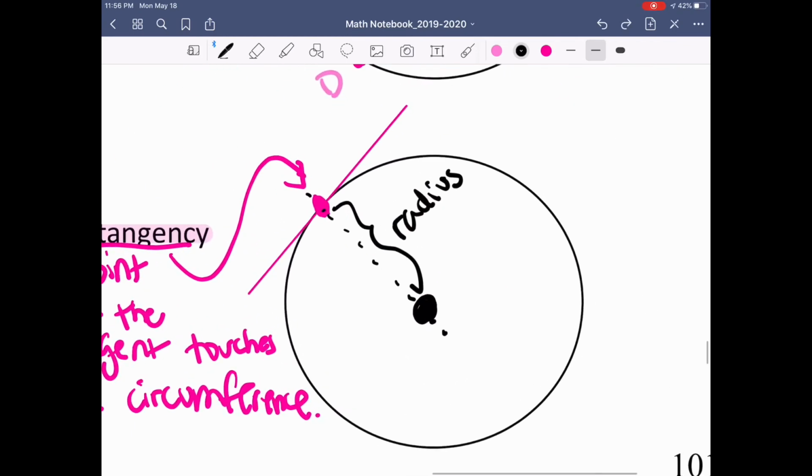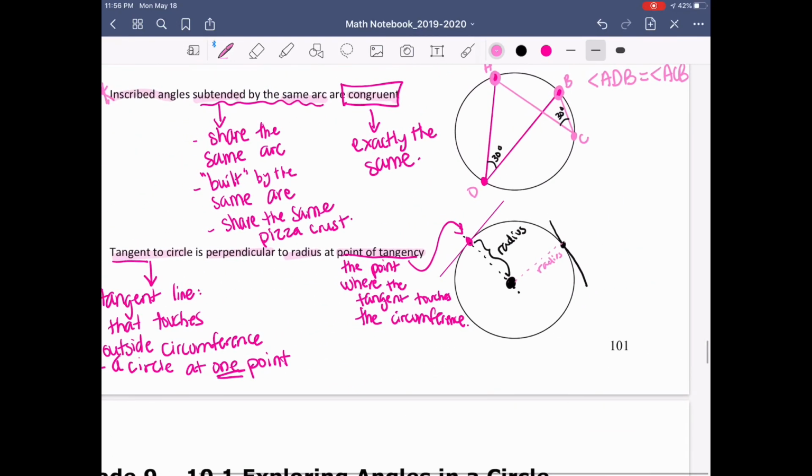Sorry guys, my drawing is really off because my hands are not steady. So anywhere you draw a tangent line, if you draw a perpendicular line to the tangent, it's always going to be a radius, always. And that's our last point.